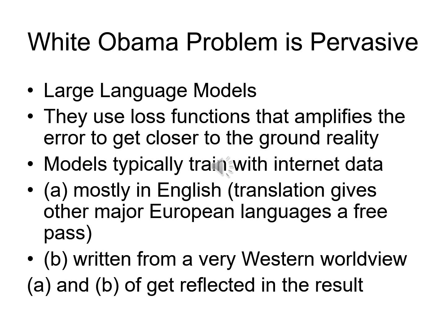So essentially, these models typically train on internet data. There is some other data, but the internet data dominates. What is the problem with that? Most of that is in English, which means that other language usage gets short shrift. If you are another major European language, because the translations are relatively good, you sort of get a free pass. But if you take any of the Asian languages, especially the ones with their own alphabet, then you have a major problem.